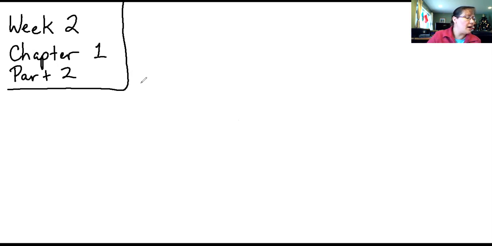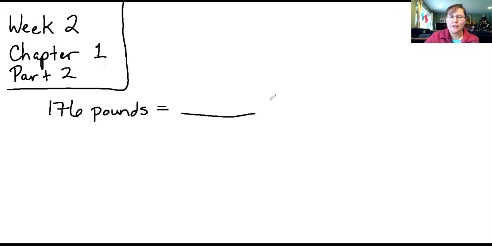Okay, first of all, let's do between systems, and let's take a look at the idea that maybe we have 176 pounds, and we want to convert that to kilograms.